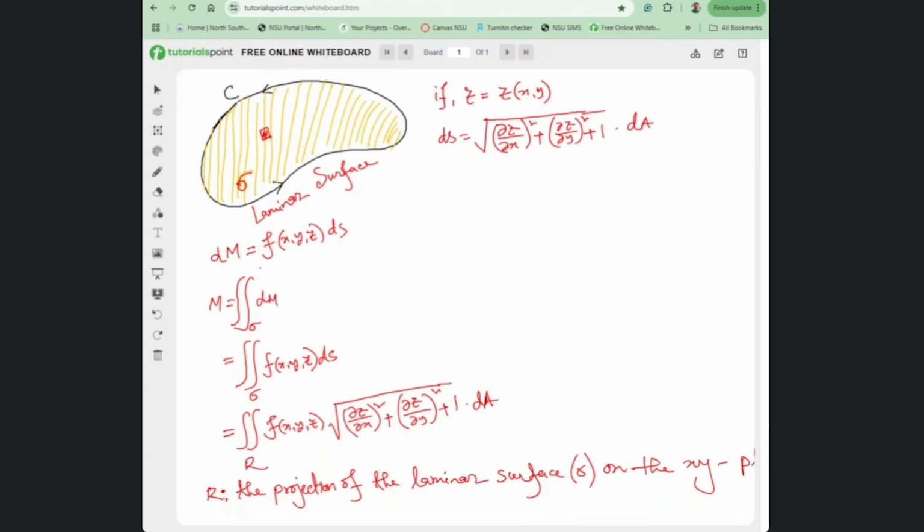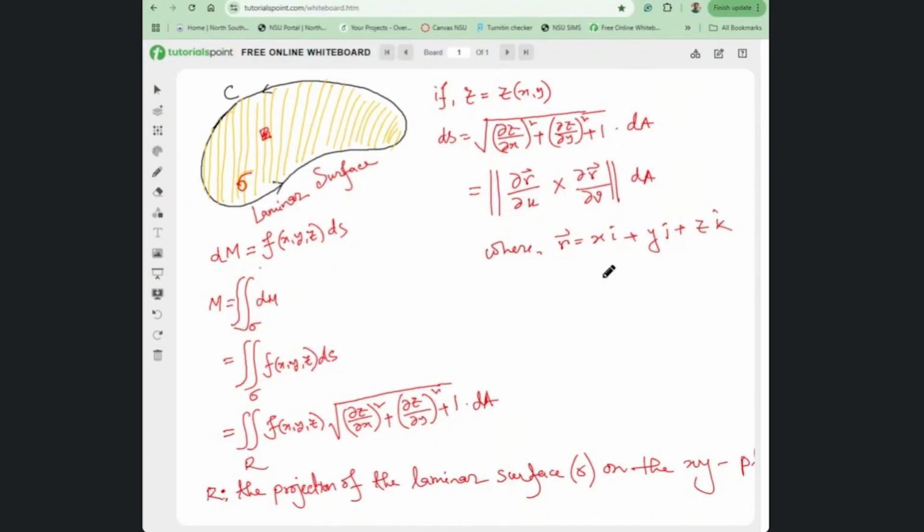One more thing should be mentioned here. ds can also be obtained by writing the norm of del r by del u times del r by del v, where r is the vectorial information of this laminar surface, I mean x i hat plus y j hat plus z k hat.